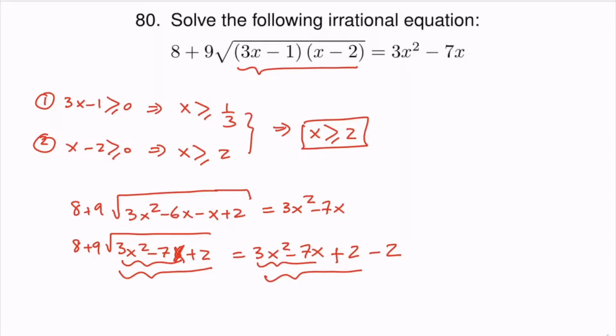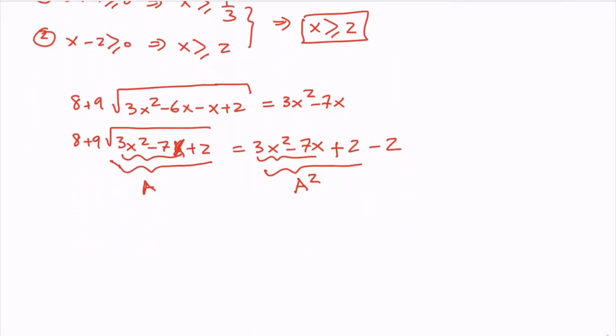And if I call this a, this will be a squared, and this irrational equation will turn into a quadratic equation. So what we will have is 8 plus 9a is a squared minus 2, and therefore a squared minus 9a minus 10 is equal to 0.